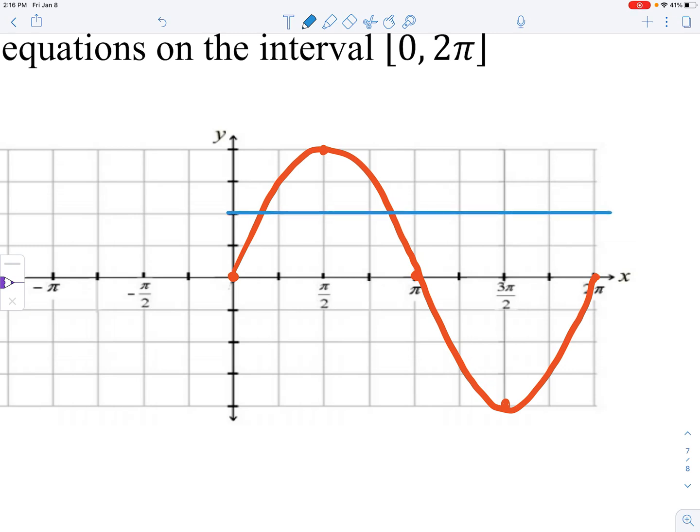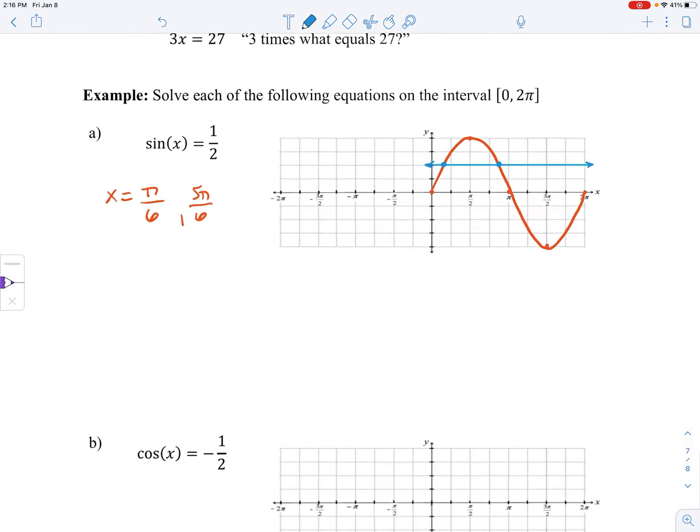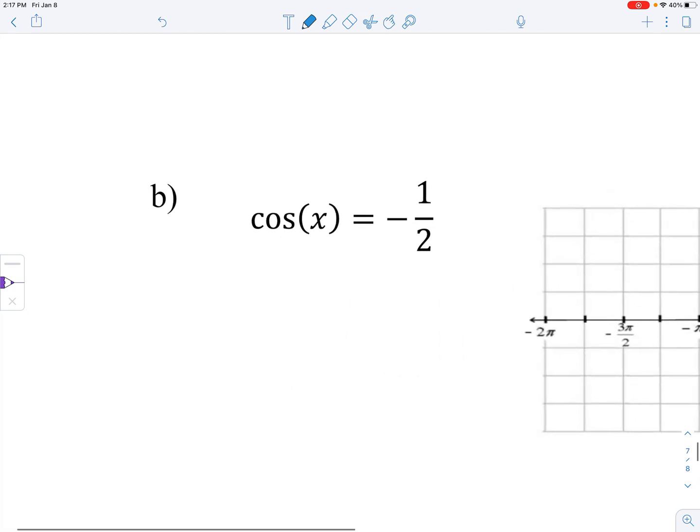Well, if we thought about a horizontal line at y equals 1/2, the points of intersection here would be the solution. And if you turned the equation into a system, which we've talked about before, graph and then find those points of intersection, unfortunately, it would give you the approximation of the solutions, but for more complicated equations that you can't just solve by inspection, I'll probably be letting you use the calculator.